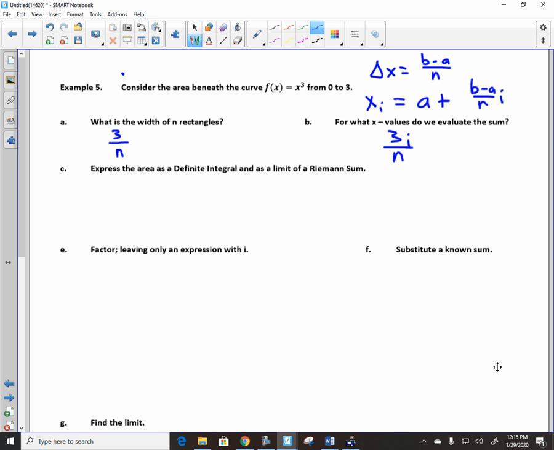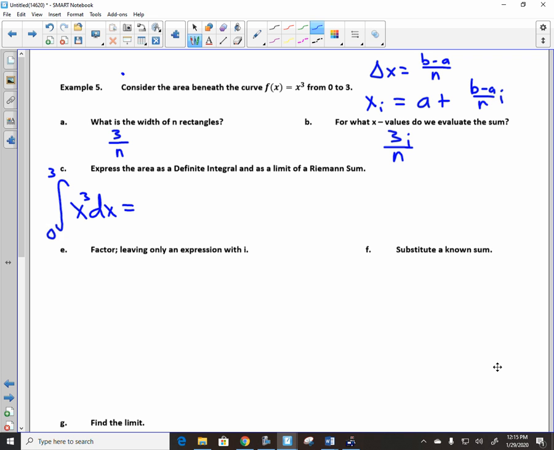So let's understand what we're doing from a calculus perspective. The integral from 0 to what? Of x cubed dx.